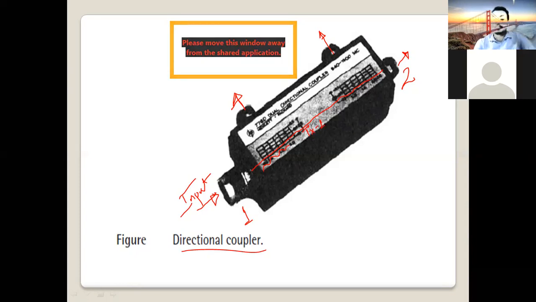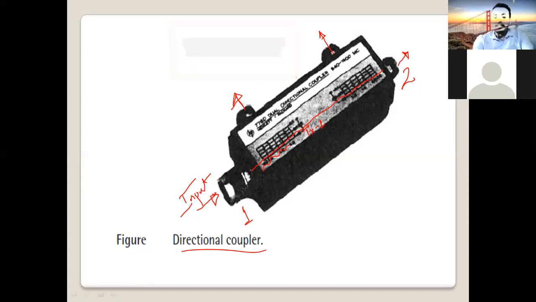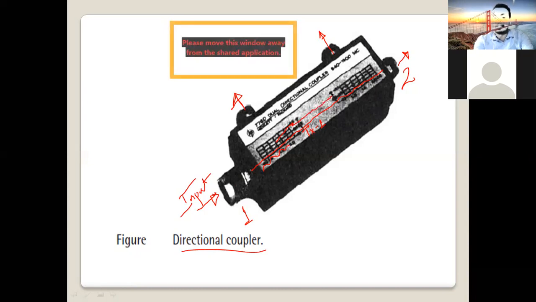But in close proximity to it, there is another transmission line, TX2. TX1 and TX2 are very close to each other, but not in physical contact.